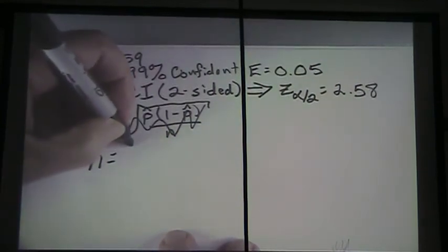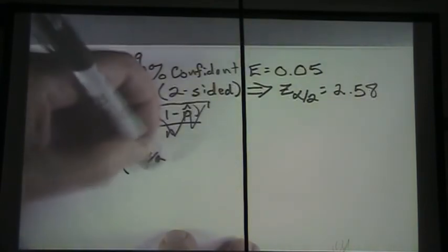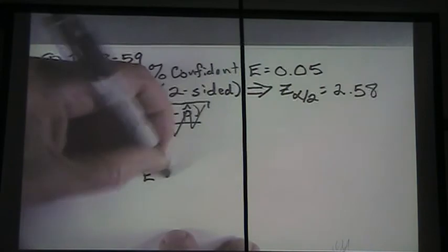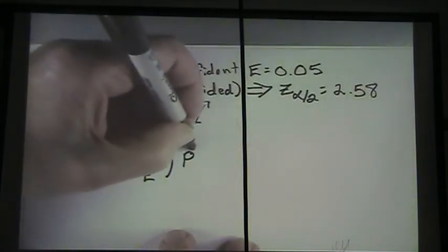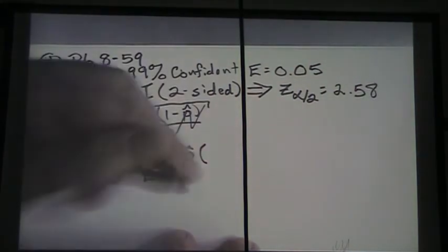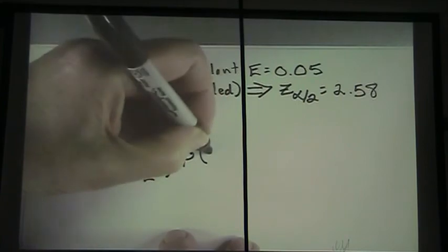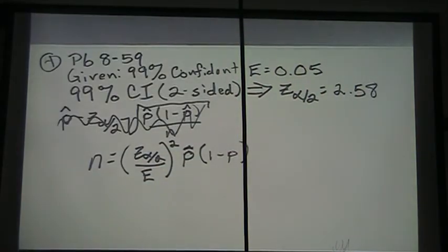N is equal to Z alpha divided by 2 divided by the error, that quantity squared, times P hat times the quantity 1 minus P. Well, we have no value of P right now. In fact, we're looking for that.